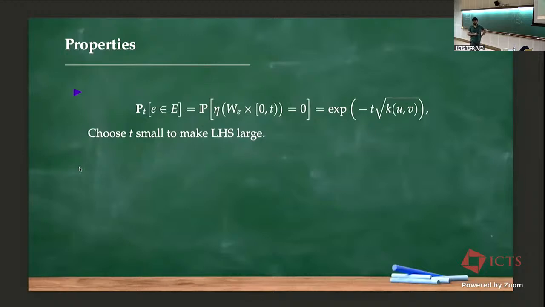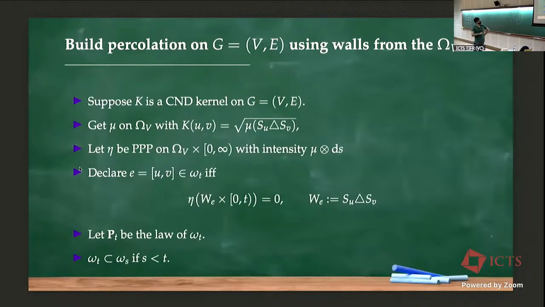Yes, I have mu times the Lebesgue measure, that's the t. Because the K, look, K is a square root of mu, right? If you have mu, then it should be K squared. Or did I put the... no, I think it's correct.